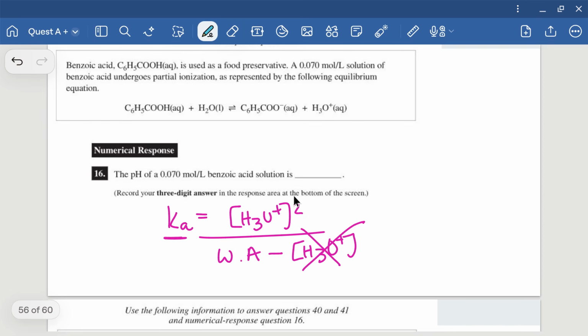So we know the Ka, you can get that from your data booklet. You know the weak acid. You need to find hydronium. Don't forget to square root it to get that value. And then once you do that, to find the pH of the solution, you're going to take the negative log of the hydronium concentration. So if we do that all correctly and answering with 2 sig digs, you'll get 2.68.